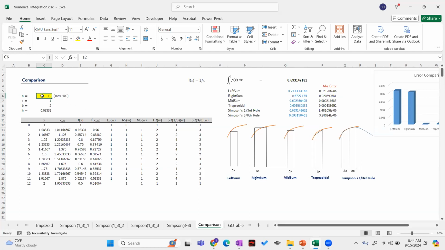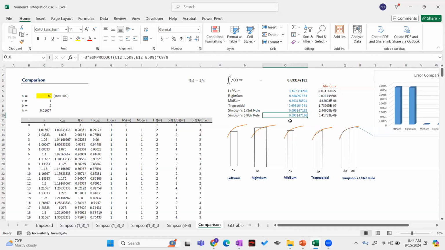If I use maybe 60, these are becoming extremely accurate. And this one is also, I think, not that bad. Obviously, these are more accurate than midsum.